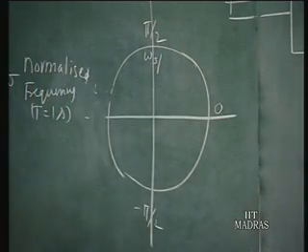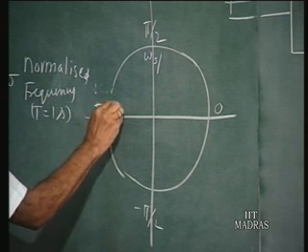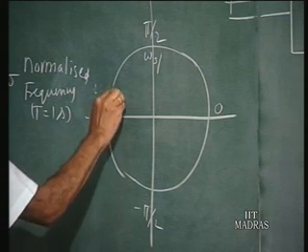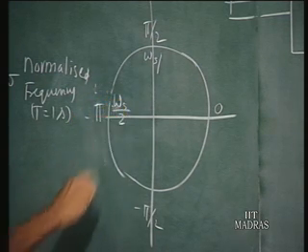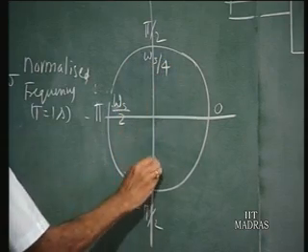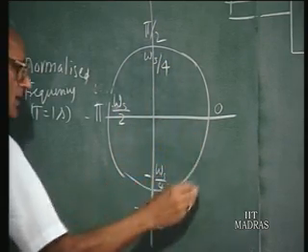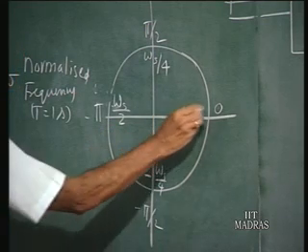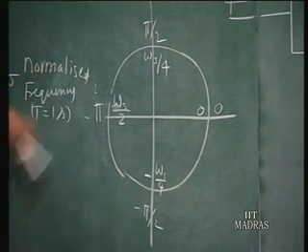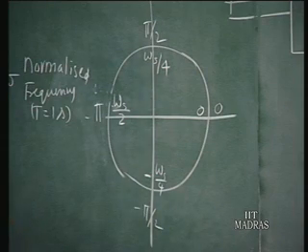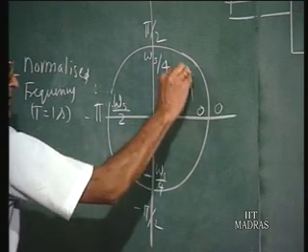I will write here pi, I will write here ωs upon 2, this is ωs upon 4, this is minus ωs upon 4 and so on, and this is of course 0.